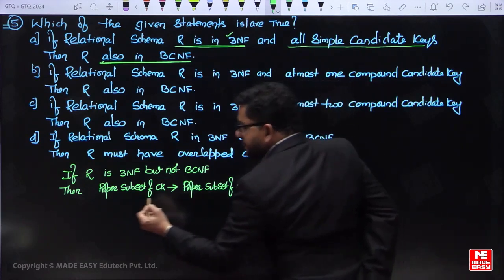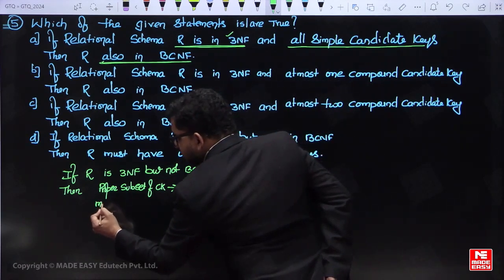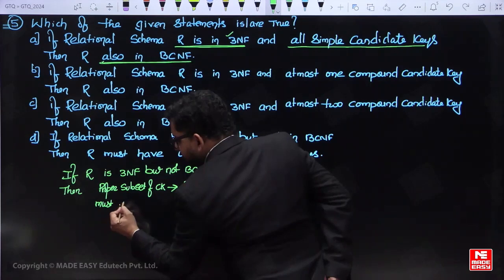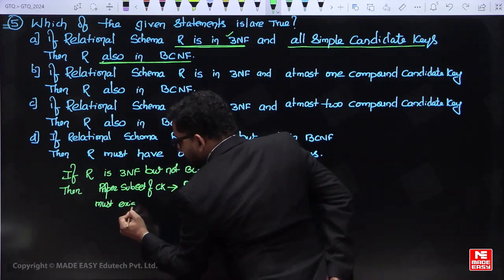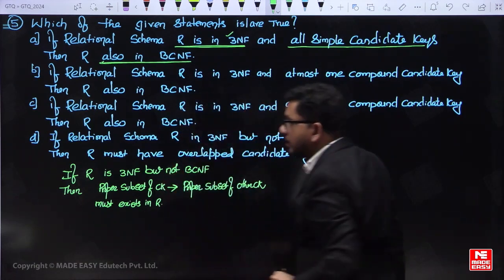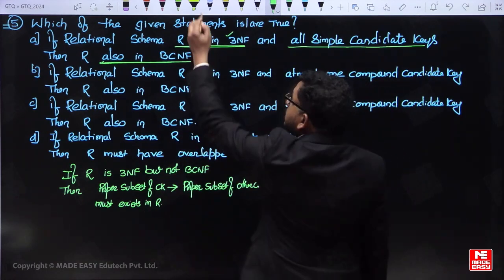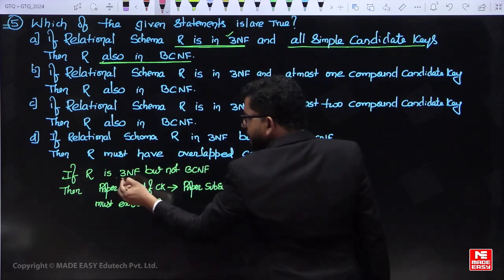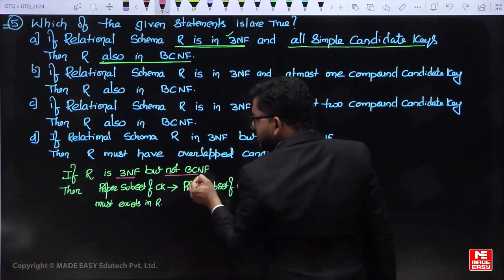This kind of FD must exist in relation R, for 3NF but not BCNF.